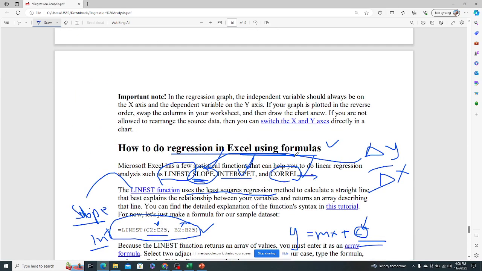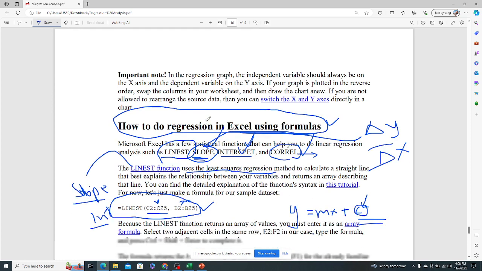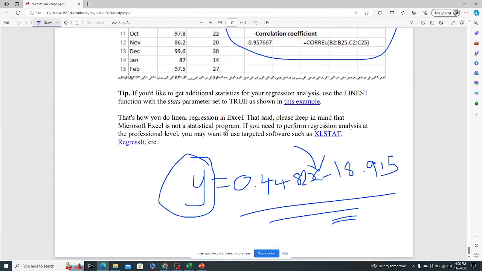So basically that's all on regression using Excel formulas, as well as regression analysis. That's all about the topic of regression analysis. Of course, I'm going to share a real world exercise on regression analysis.